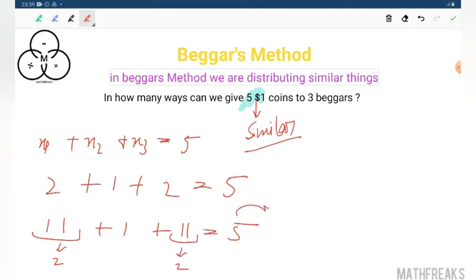So we can say that we are just choosing the one.